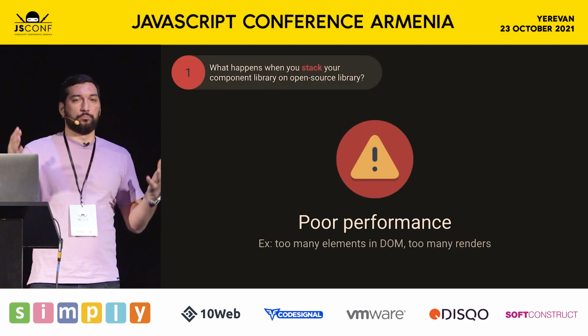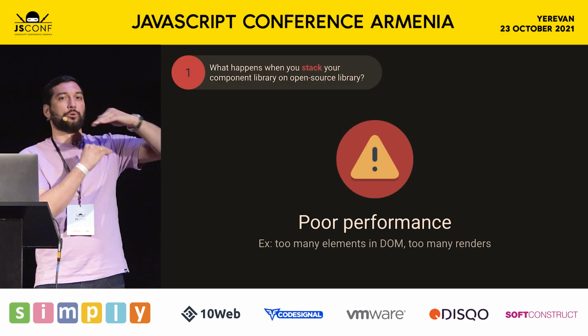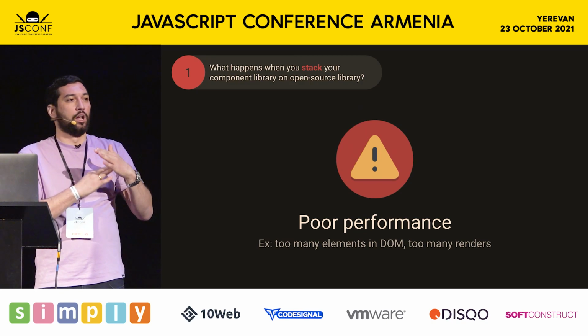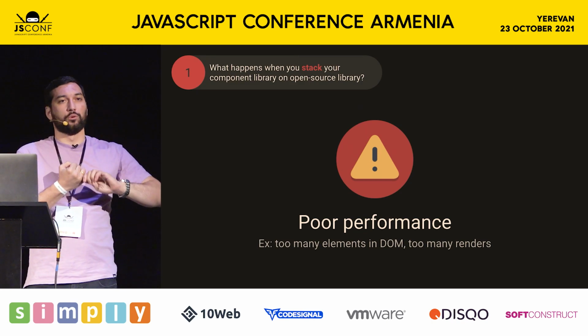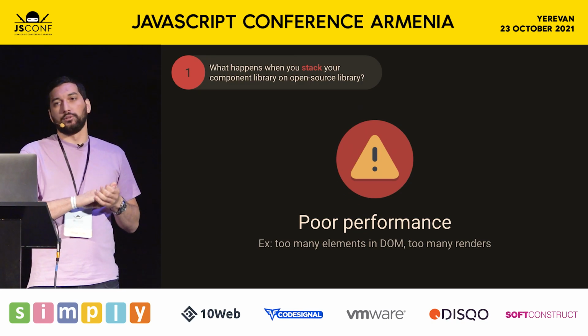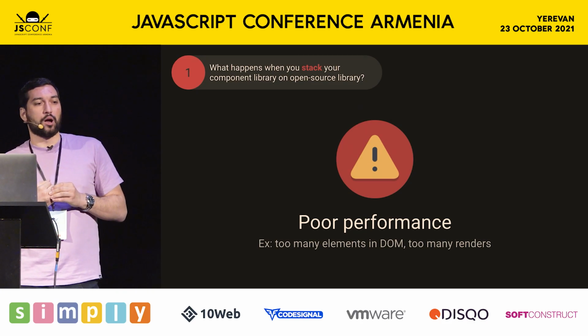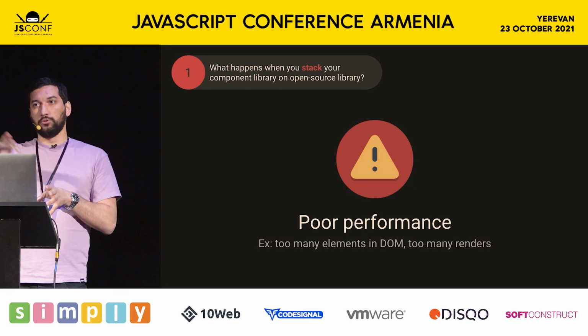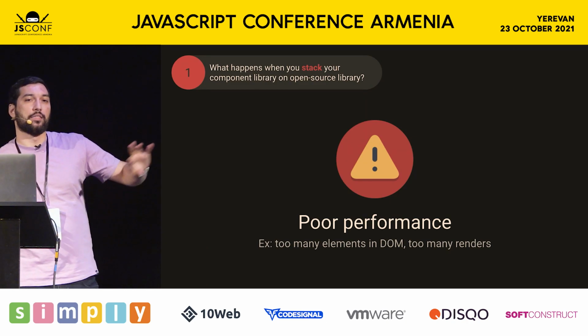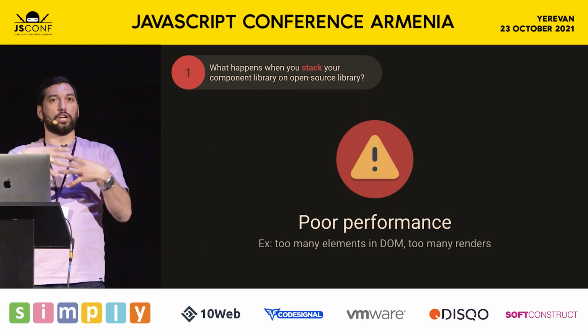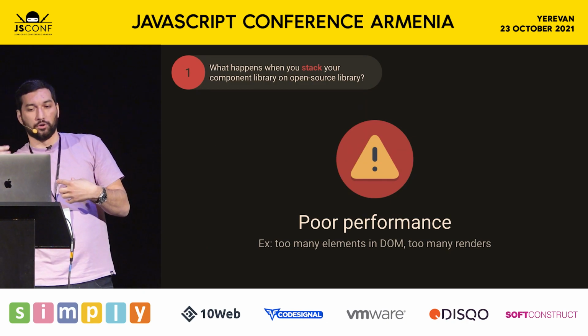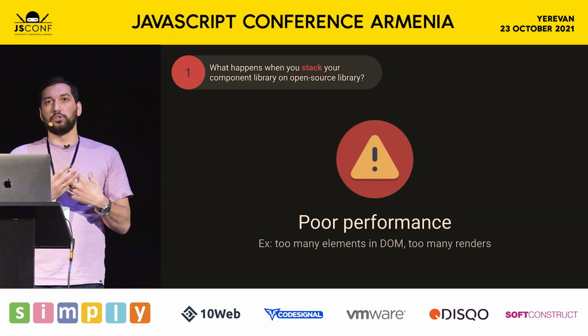The first one is poor performance, because if you're stacking two component libraries on top of each other, usually the first problem is the DOM, because there are way too many elements, and rendering performance is really problematic, because there are parts that you've developed and parts that other vendors have developed, so coordinating changes and making sure that your side and their side match is usually difficult.